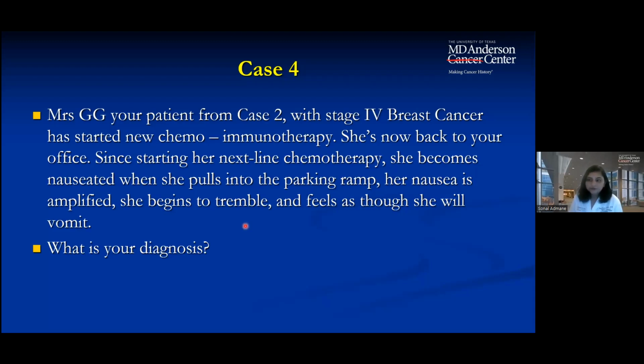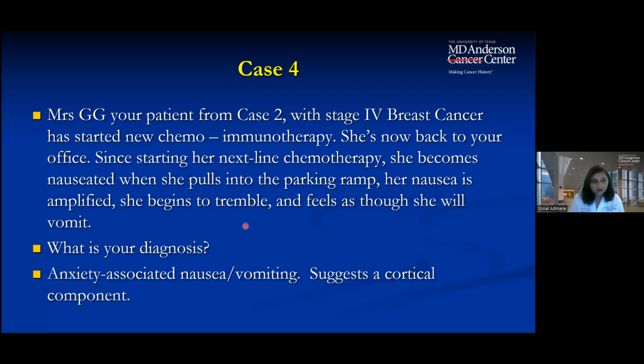And so what would be your diagnosis? So I see some answers in the chat box. So yes, this patient has what we call anxiety associated nausea and vomiting, also called anticipatory nausea, and suggests a cortical component.